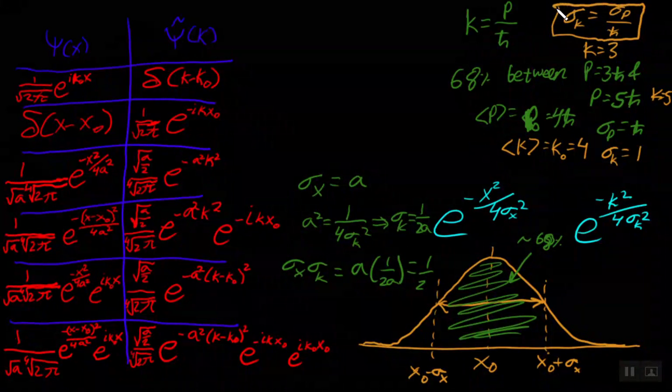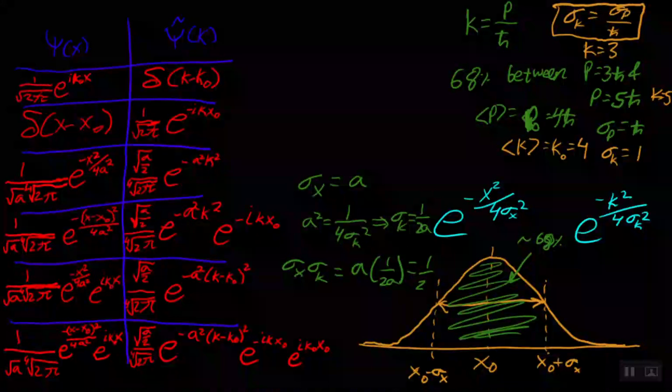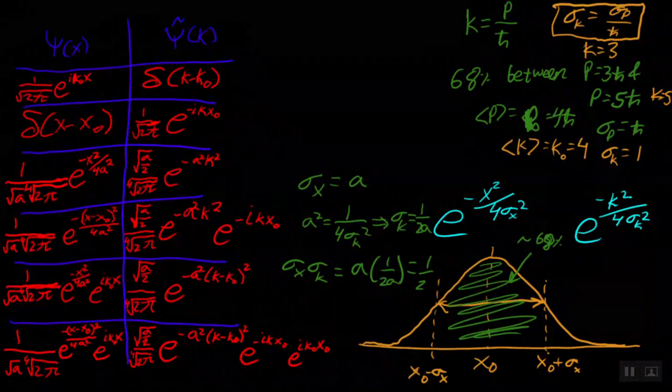If you have some uncertainty in momentum, the uncertainty just gets divided by ħ. You're just scaling the uncertainty. Hopefully you can review this definition; this should make sense of why this relationship holds.